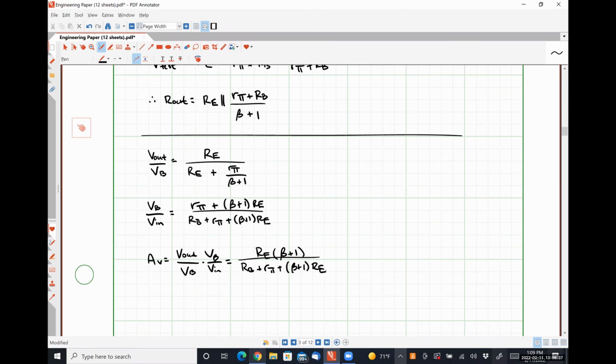So again, we have a voltage gain that's probably going to be reasonably close to 1. It's definitely going to be less than 1, but close to 1. But the larger RB is, the smaller the voltage gain gets.